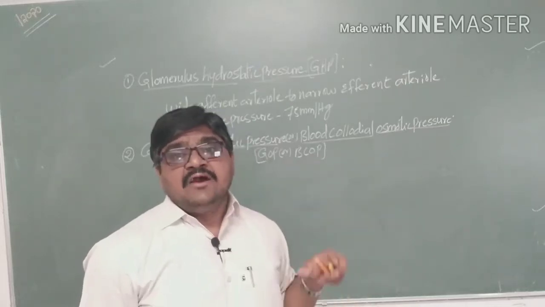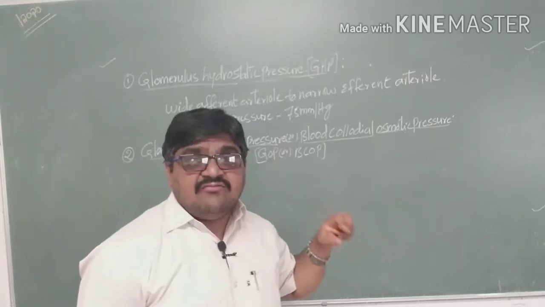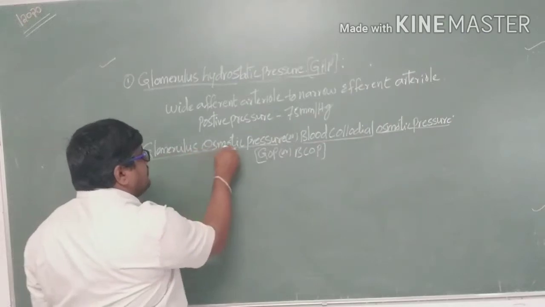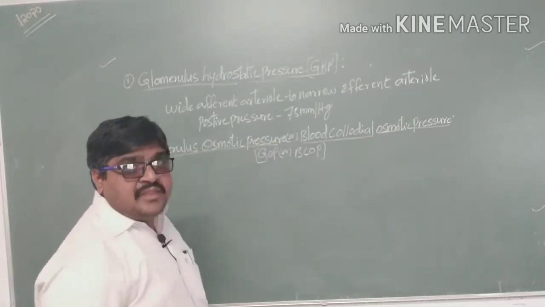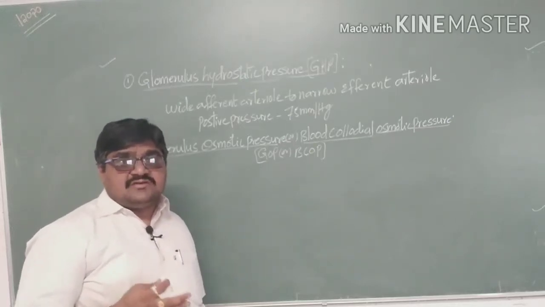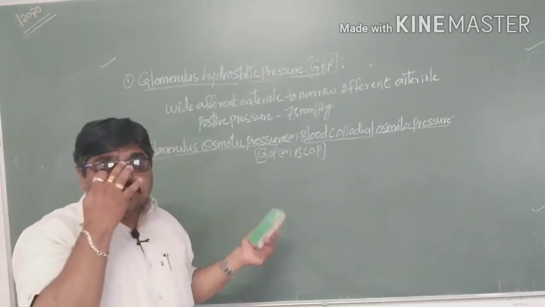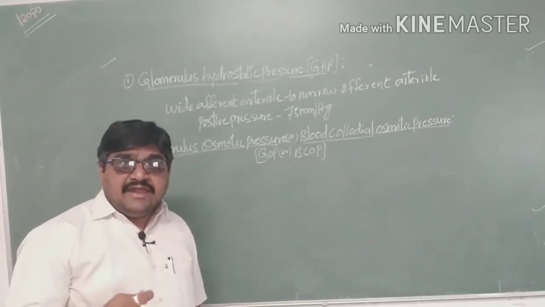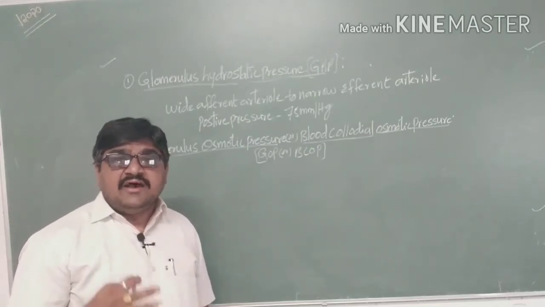The glomerulus osmotic pressure is a pressure exerted by osmosis, that is, the absorption of water due to osmosis. So due to the osmotic pressure, it helps the filtration of the glomerulus blood, and that water will be filtered into the nephric filtrate.